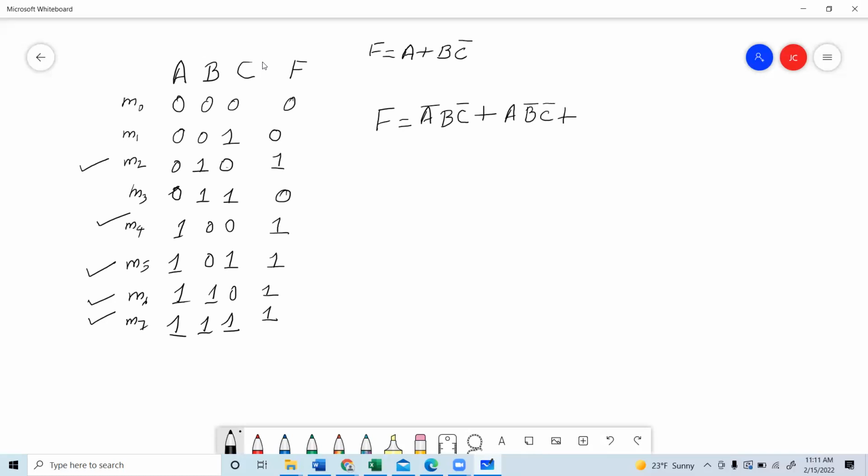And here 1, 0, 1, I will write as A, B bar, C, the output is 1. And here M6, for which the output is 1, this is going to be A, B and C bar. And finally, we have all ones for which the output is 1. A, B, C are all ones, so the output is 1.